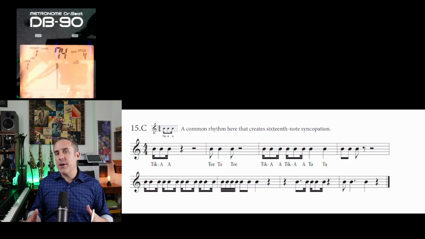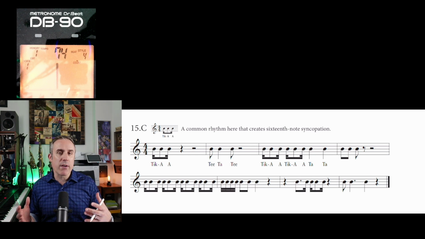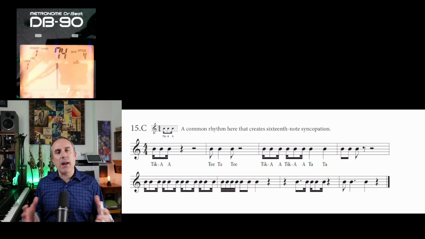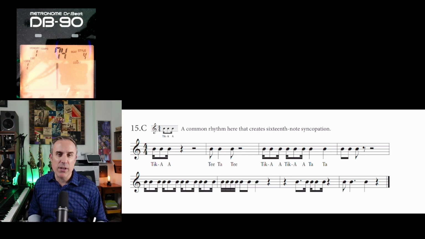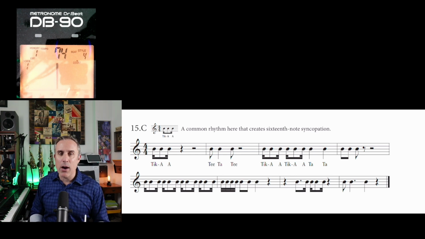Now, some of the rhythmic motifs we just went over may or may not be in the exercises. We may just be reviewing some of week 14's rhythmic motifs. But either way, we're going to analyze these exercises and perform them in the same manner that we have in past videos. So let's get to analyzing exercise 15C right now.